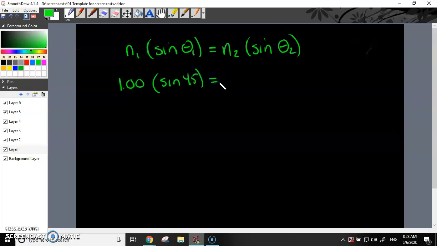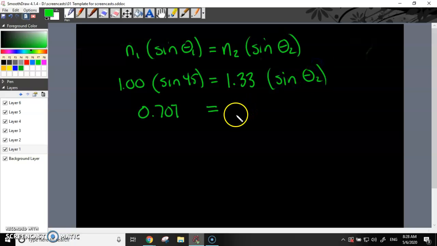So if we punch that in our calculator, 1 times the sine of 45 degrees, we get 0.707. So that has to be equal to what's happening with the light in the water. Our n2 was 1.33 times the sine of our angle, theta 2.